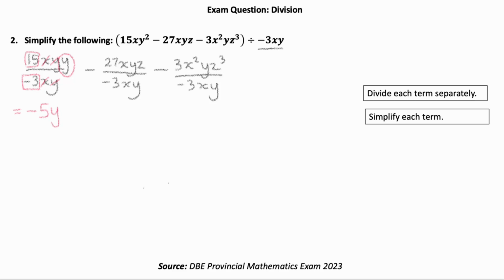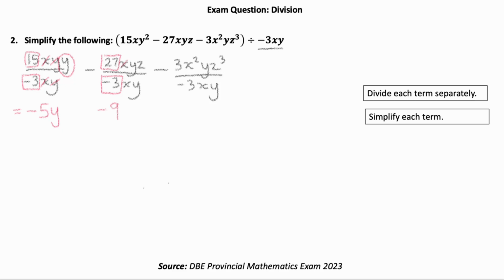Let's move on to the second term. So here we have 27xyz over negative 3xy. So let's divide the numbers. 27 divided by negative 3 gives us negative 9.